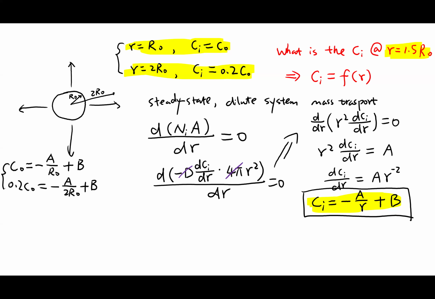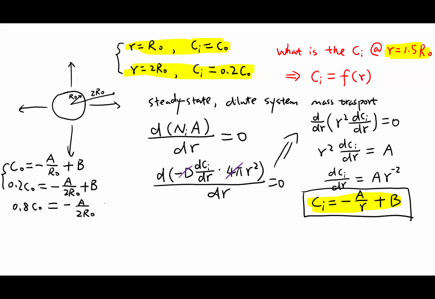So you got two equations. And then you take the top equation minus the bottom one, so you got 0.8 C naught equal to negative A over 2R naught, and B canceled.